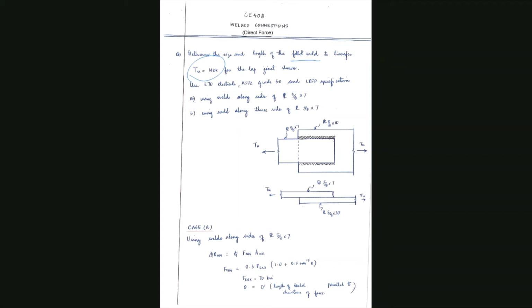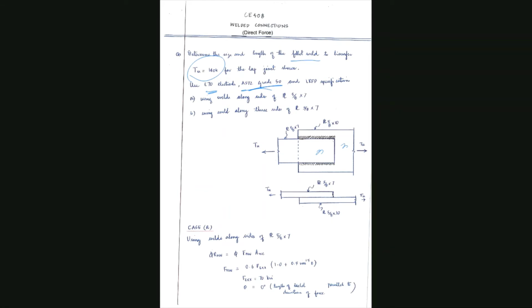Use E70 electrode. This is the strength of the electrode which we require later on. And then A572 grade 50 steel, that is the material. We require this for checking the base metal yielding and base metal rupture. And then using two configurations of welds.